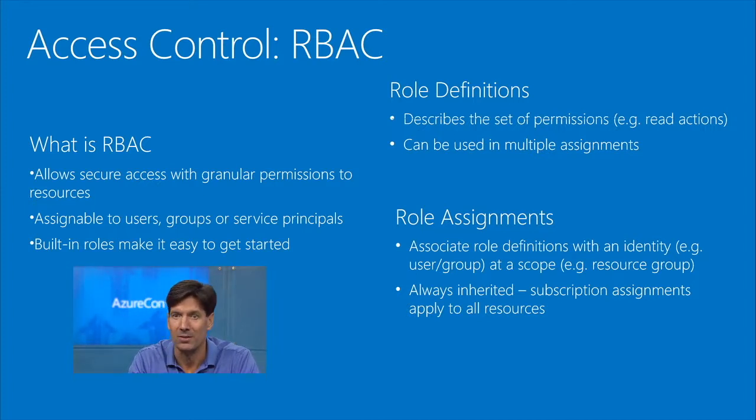Role definitions are the assignment of those permissions. So the reader role by definition has read access. The owner role has full access. The contributor role cannot modify RBAC rules, but can make modifications to resources. And so this gives them constrained control over resources without being able to give themselves more access to other resources they shouldn't have access to, or give other users access that they shouldn't have.